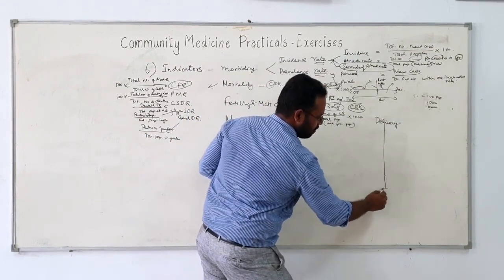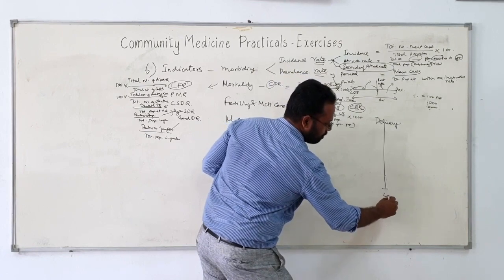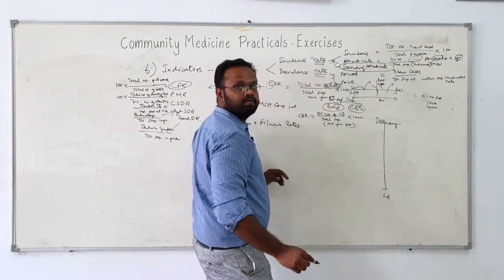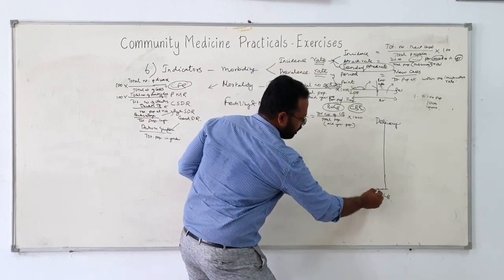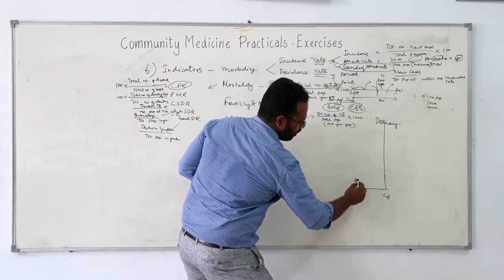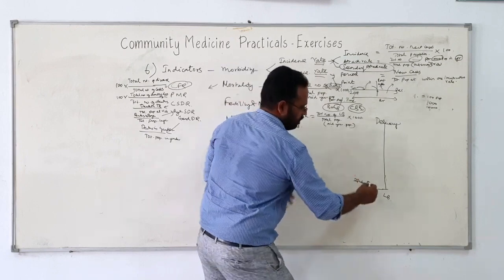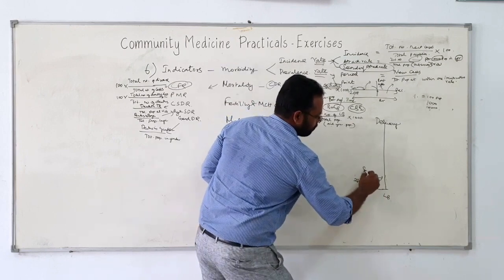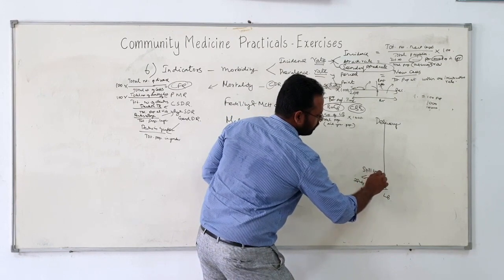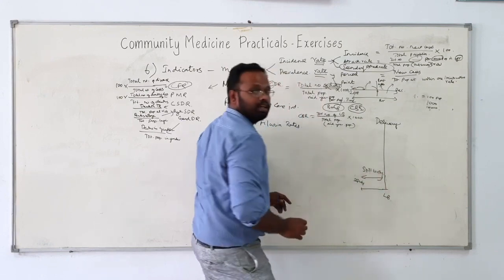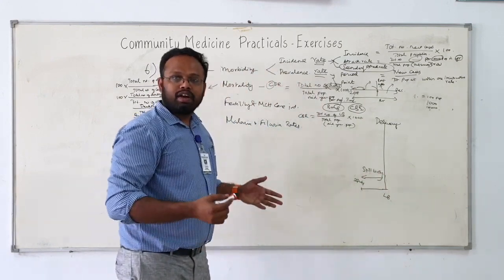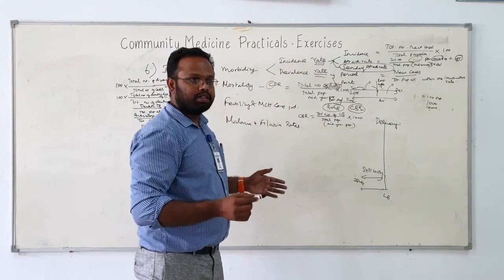If the child is alive at this point, that will be considered a live birth. If the child dies at any point after 28 weeks, those deaths are called stillbirths.